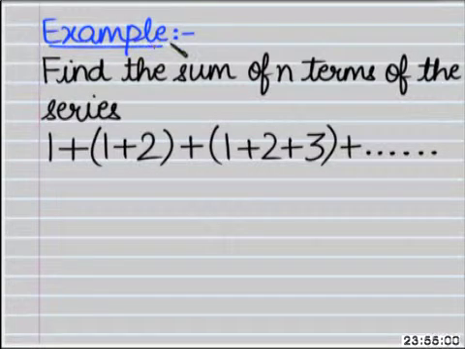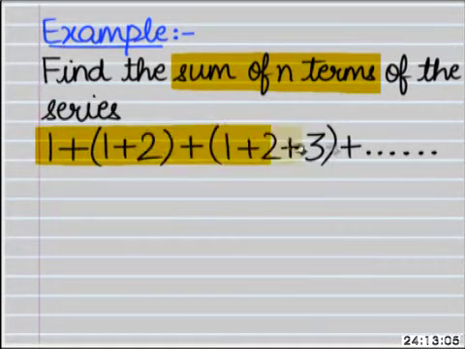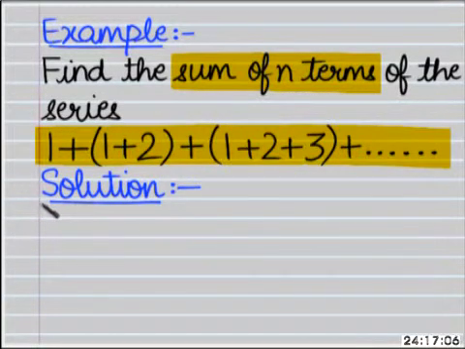Let us see another example. Find the sum of n terms of the series 1 plus 1 plus 2 plus 1 plus 2 plus 3 plus so on. Now let us see its solution.